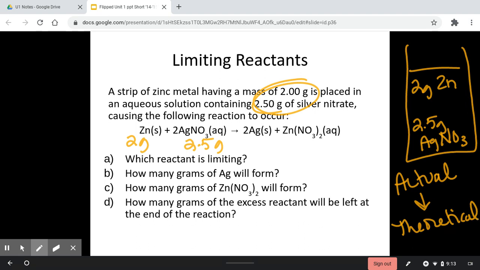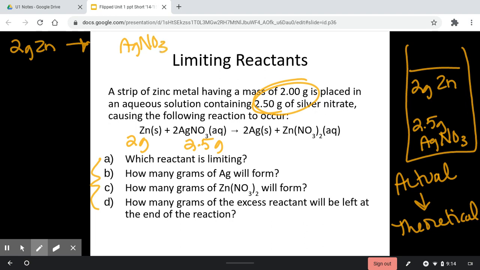Now we can calculate from these amounts 2 theoretical amounts. Now the theoretical amounts may or may not be actually in existence. So let's look at a couple of these theoretical amounts before we try to answer these questions A, B, C, D below.